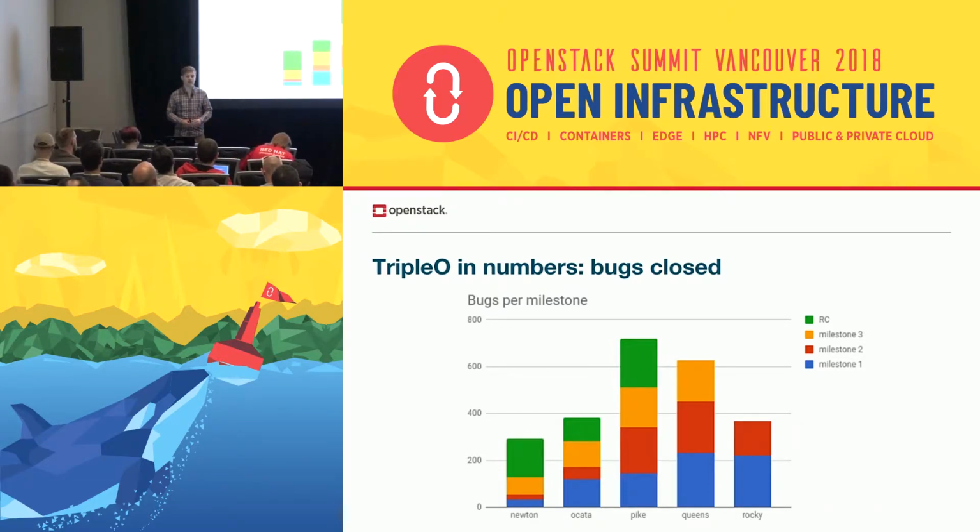If you remember Ocata, that's where we introduced the composable upgrades, and afterward we got some feedback from the operators, and we had a bunch of bugs related to that. So the number of bugs that we solved in Pike was huge compared to before and after.